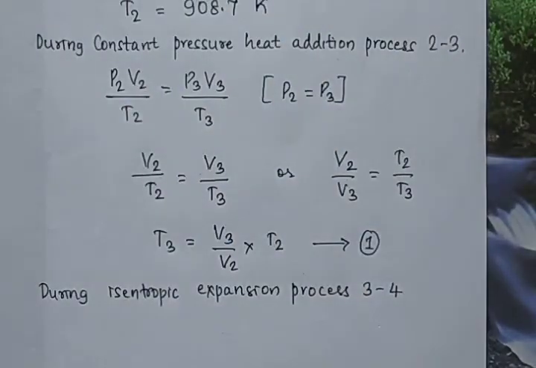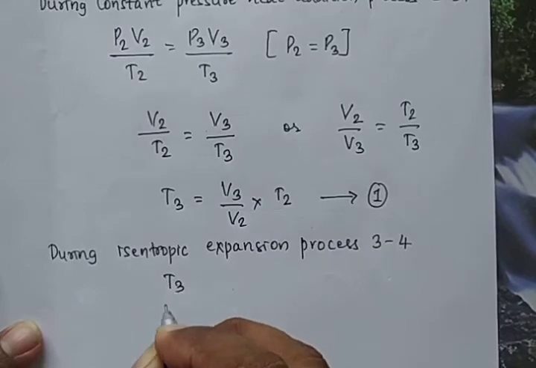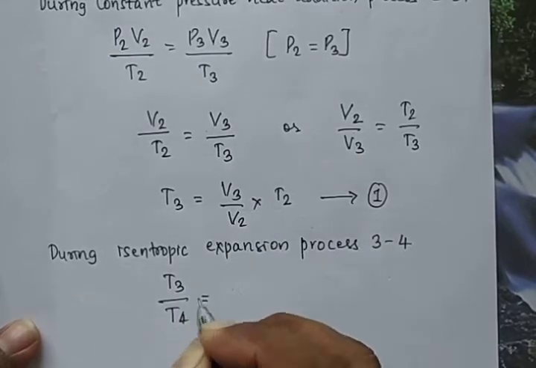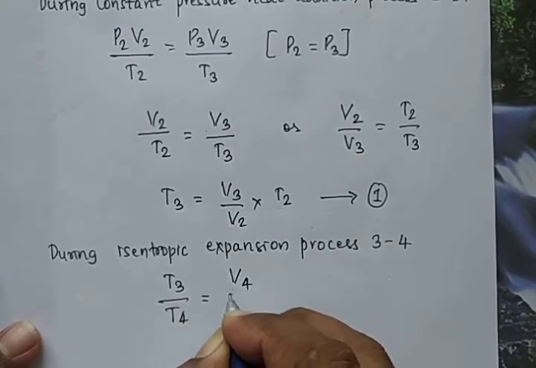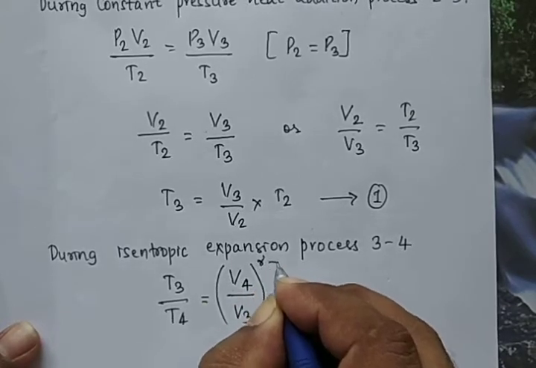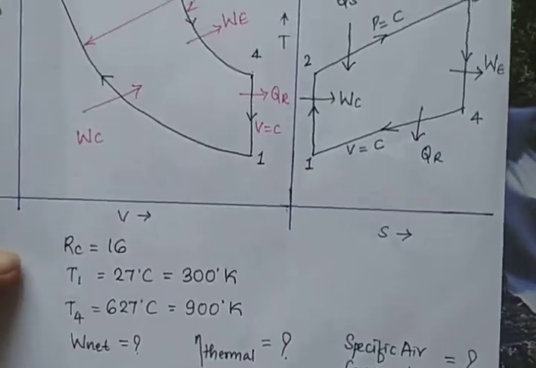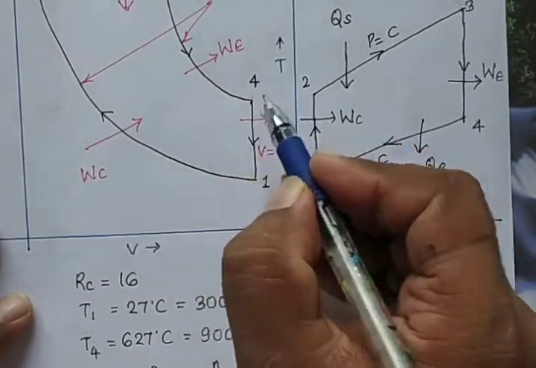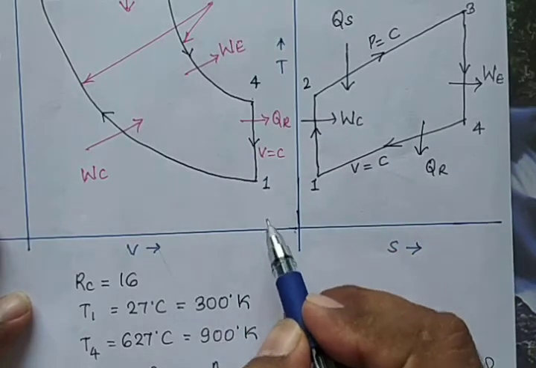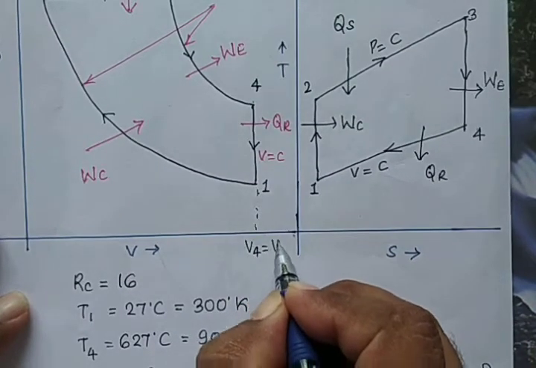So during this process, I can write the relation as T3 by T4 will be equal to V4 by V3 whole raised to gamma minus 1. Again I will show you the diagram. You can see from the diagram V4 is same as V1, that is V4 equal to V1.